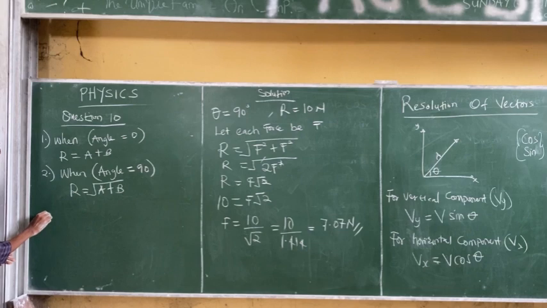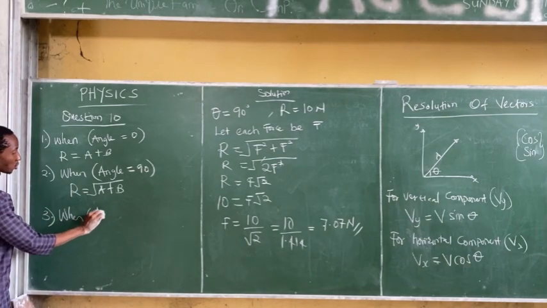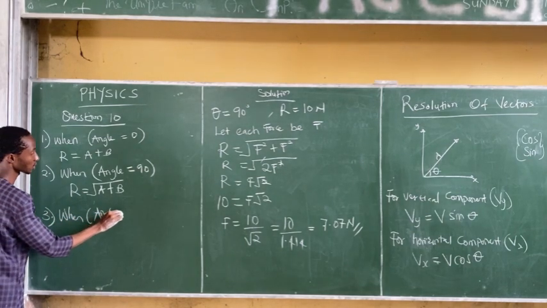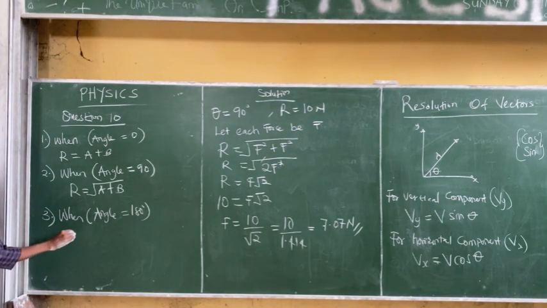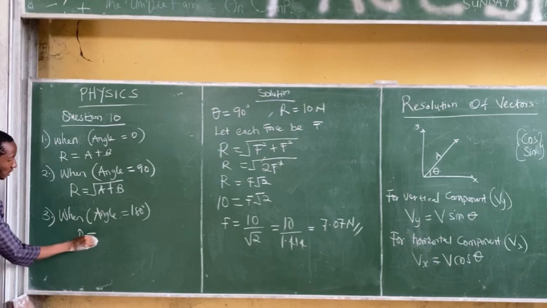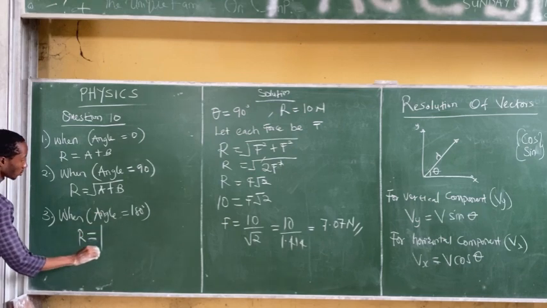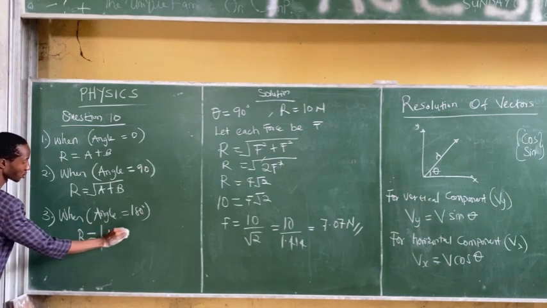Now, the third case, when the angle is equal to 180 degrees, that is, when the directions of the vectors are opposite. When they are opposite, it is assumed that the angle is 180 degrees. And when this happens, R, the resultant vector, is equal to A minus B.